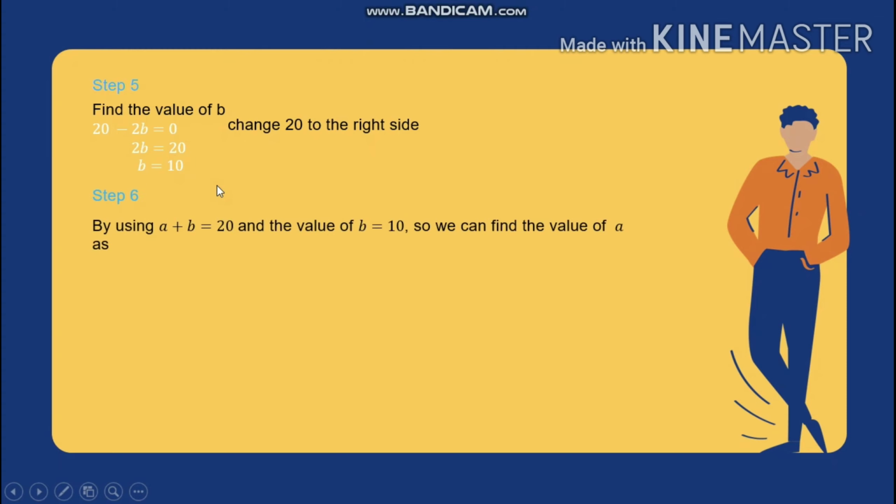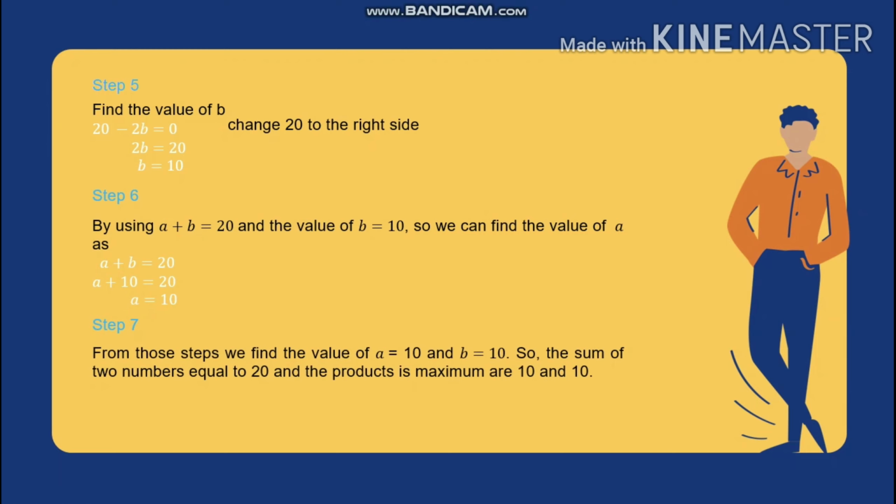Step 6. By using a plus b equal to 20 and the value of b equal to 10, so we can find the value of a as a plus b equal to 20, and we know that the value of b is equal to 10, and the value of a equal to 10.